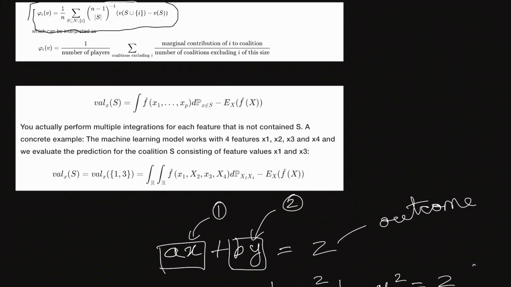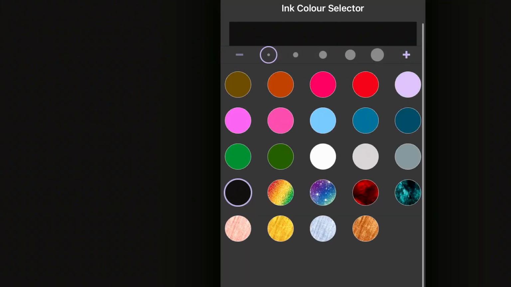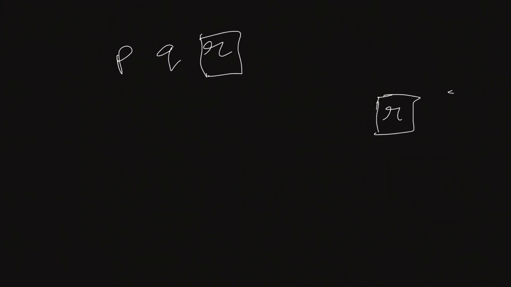So let us take a simple 3-player game or 3-feature example here. Let us say there are only 3 players, P, Q and R. Let us say we are trying to calculate how much R contributed, the marginal contribution of feature R. So we are trying to simulate how feature R is contributing when it is interacting with the other players to this outcome.